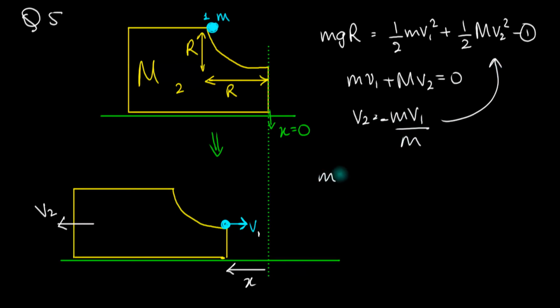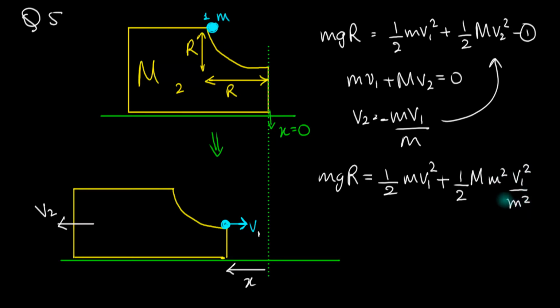You get mgr equals half m v1 squared plus, you get a plus because we have a square, capital M times m squared v1 squared divided by capital M squared.